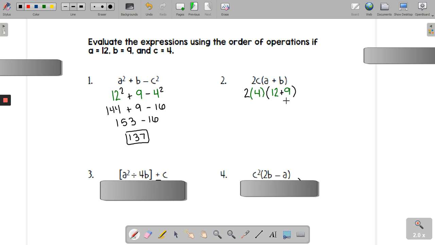Inside our parentheses, we have 12 plus 9, and 12 plus 9 is 21. Everything else stays the same, just bring it down. Now we just have multiplication, so we can multiply this straight across. 2 times 4 is 8, times 21 gives us 168.